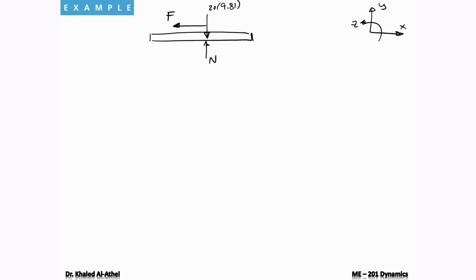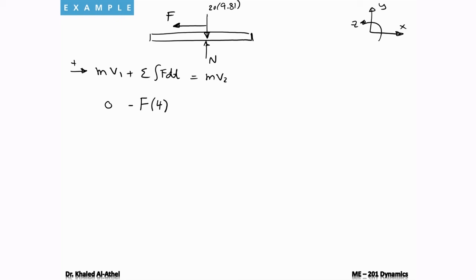So if I choose, let's say, right is positive, I'm going to say m v1 plus summation of F dt. I'm just writing the principle of linear impulse and momentum, which should equal m v2. Now, it was originally at rest, so this is 0. F is acting to the left, so it's going to be minus force F, which is unknown, multiplied by the time, which is 4.